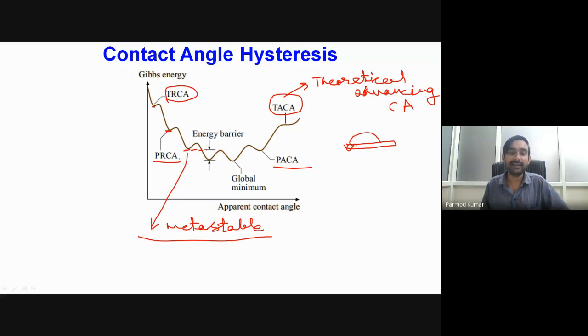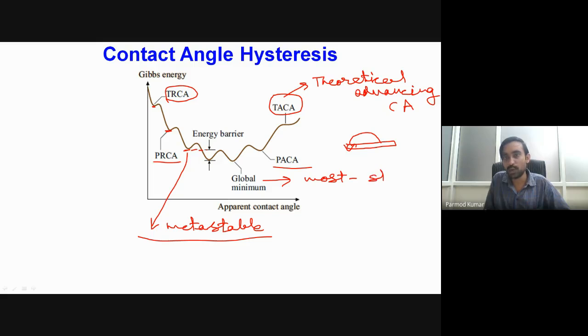Okay, and then we have one more stage where we find that globally we have the minimum value of the surface energy. So this global minima is the most stable state.